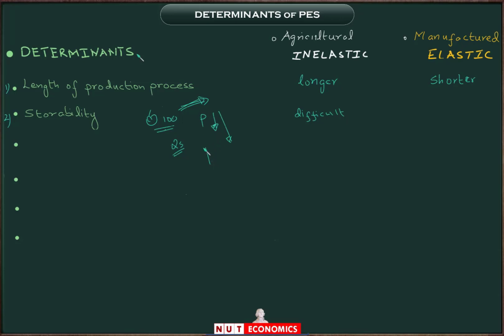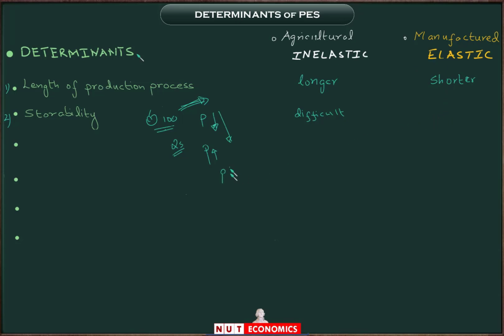Similarly, if the price increases, then if you don't have any stored apples, you can't suddenly respond and increase the quantity supplied a lot. Again, this tells you that agricultural commodities, since it's difficult to store these products, will have an inelastic supply. On the other hand, think about manufactured goods: toys, shoes, clothes.